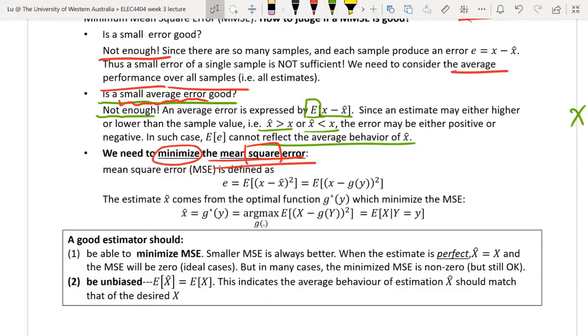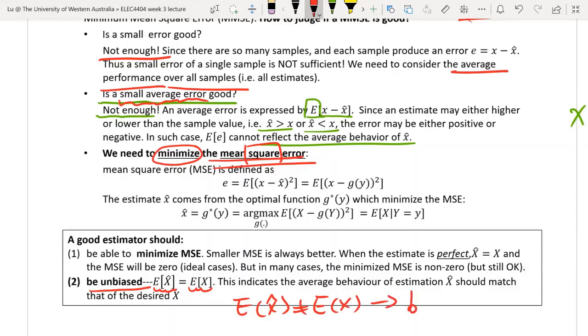Okay. Another important criterion is that the estimator must be unbiased. What does unbiased mean? This means the expectation of your estimator should be the same as, or match, the expectation of your original input variable x. If your estimator is biased, this means the expectation of the estimator, or the average performance of the estimator, will not be equal to the average of the variable.